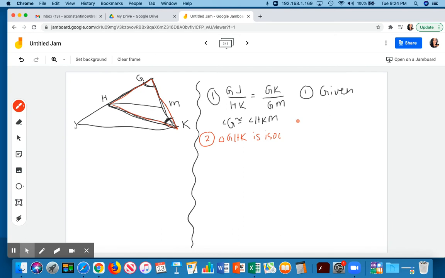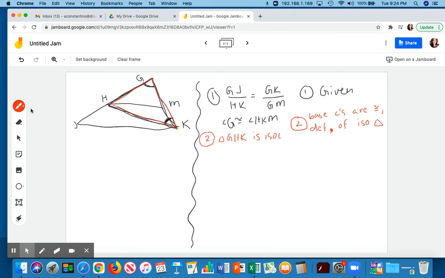And again, I'm going to put this up here so I have room, but he basically just said that you could just say definition of isosceles, but I again would say base angles are congruent, and then I would say definition of isosceles triangle. So that's like the game changer right here, seeing that there's this isosceles triangle sideways.